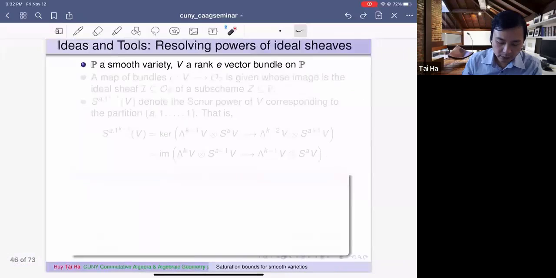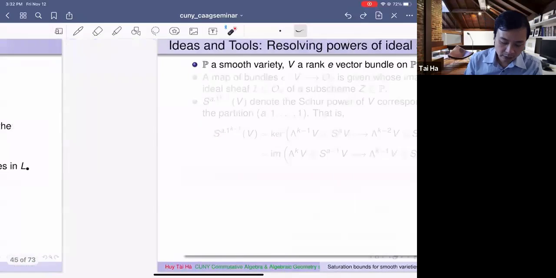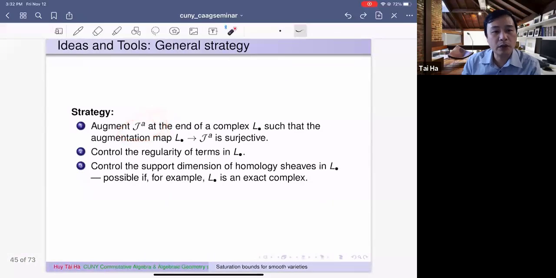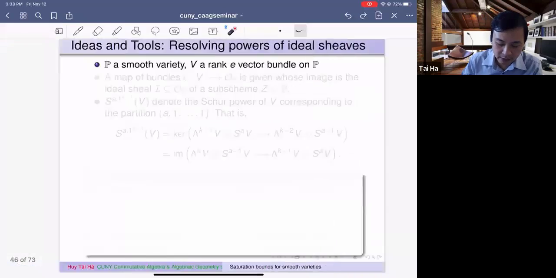So the idea is, you start with J to the a, and can you get a minimal free resolution for it? If you get a resolution, then we get an exact sequence, and that condition is satisfied. And if we get a resolution whose regularity of terms can be controlled, then we are done, basically. So that's the task at hand.